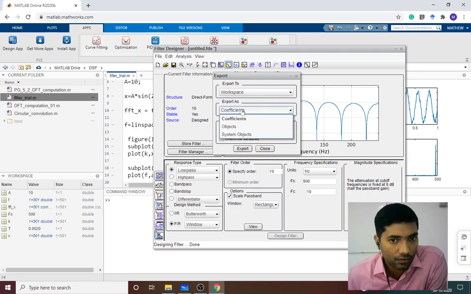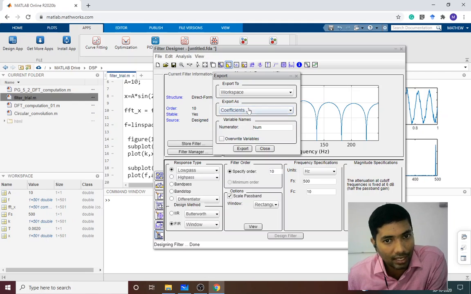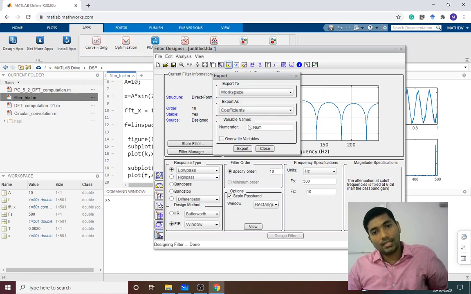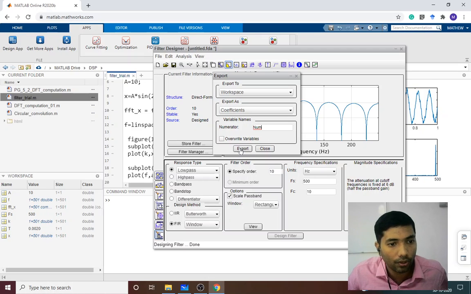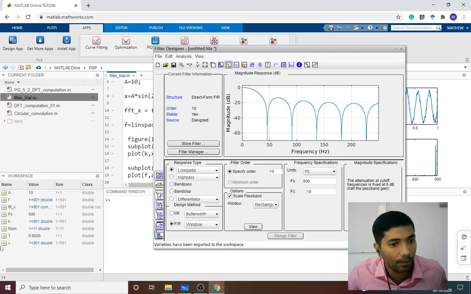There are different options for exporting. For the moment, let's keep export as coefficients. Since it is an FIR filter, there is only a numerator, so we can define the numerator name, and let's define it as capital NUM. If you click export, you will see that variable come into the workspace, which is the numerator coefficients of the FIR filter that we have designed.